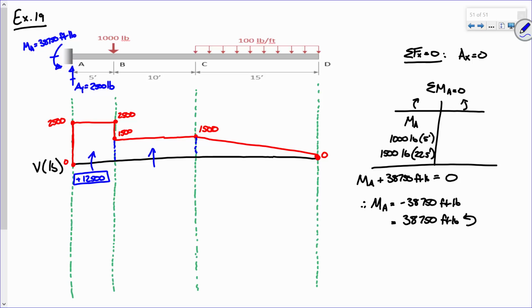What about right here? What about here? There we go.